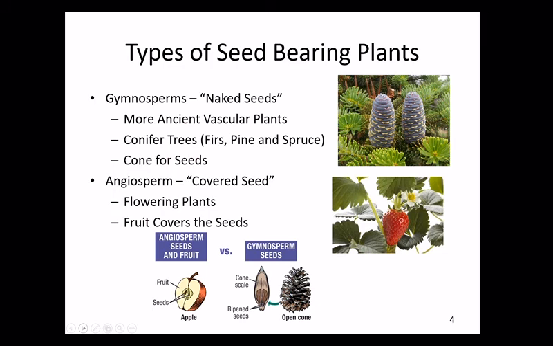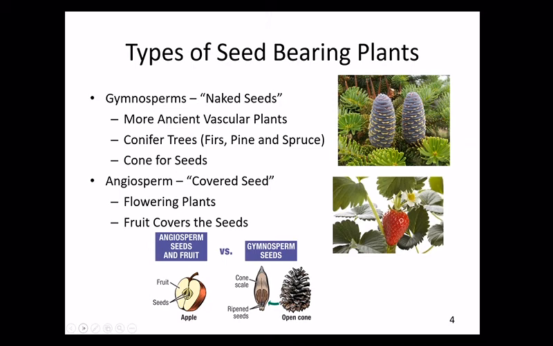Now, when we talk about plants, okay, we're going to, again, focus on the vascular plants. And so the vascular plants are divided into two different types. And so the primary or first type are referred to as gymnosperms, okay, or naked seeds. Evolutionarily speaking, these are much older plants, okay?